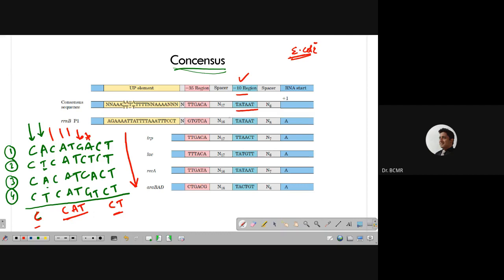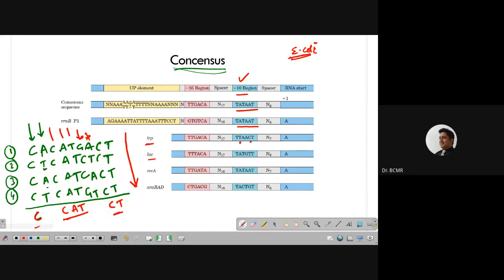It doesn't mean that there would not be any variations to it. For example, the trp operon, which we will study in the last unit, has a C here, a difference: TTACT. What is the consensus? It is TATAAT. Similarly, the lac operon is very much similar to TATAAT, but there are also slight differences.